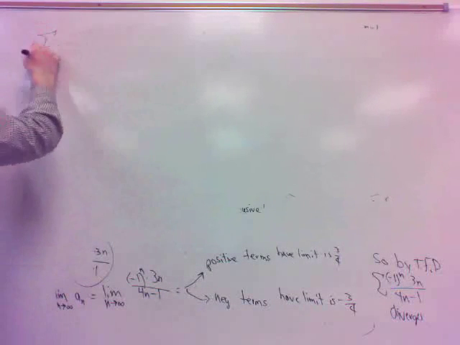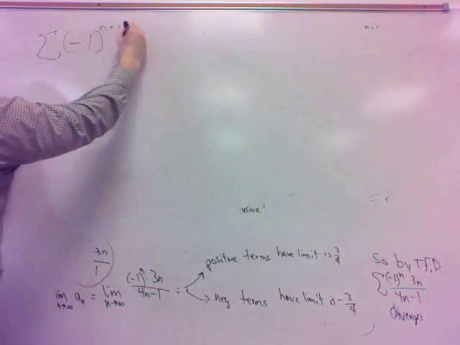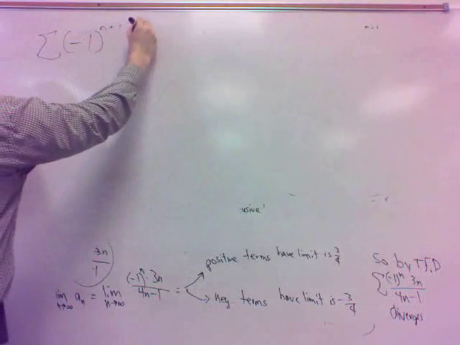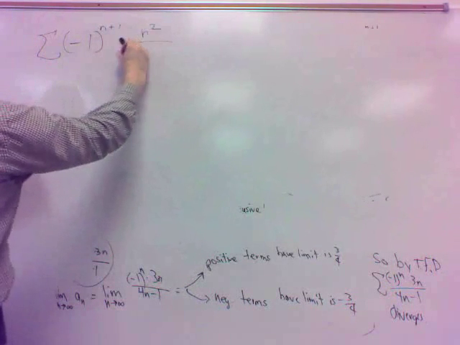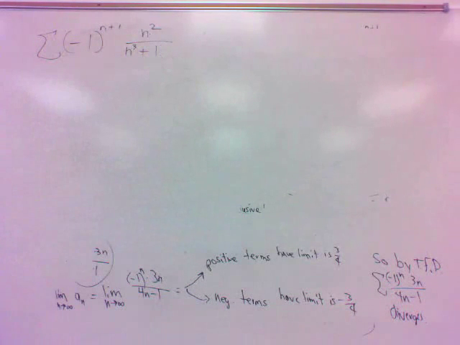What about the series negative 1 to the n plus 1 times n squared over n cubed plus 1? Again, it's an alternating series, so the alternating series test is our first choice.